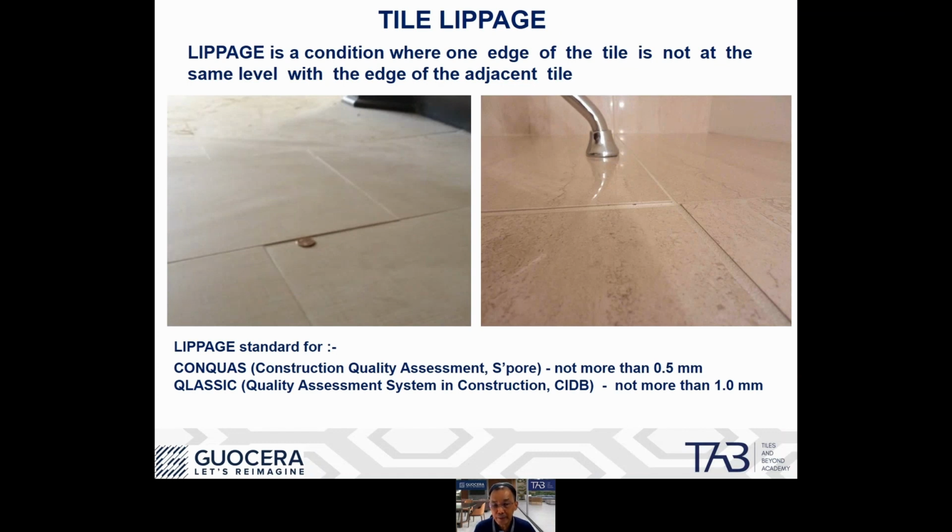Basically, tile lippage is when the tile has been installed and one or more of the edges is not at the same level as the edge of the adjacent tile. Of course there are standards. Under QLASIC, the lippage should not exceed 1 millimeter, and for Conquest, which is a Singapore standard, the lippage should not exceed 0.5 millimeter, which I think is very, very stringent.